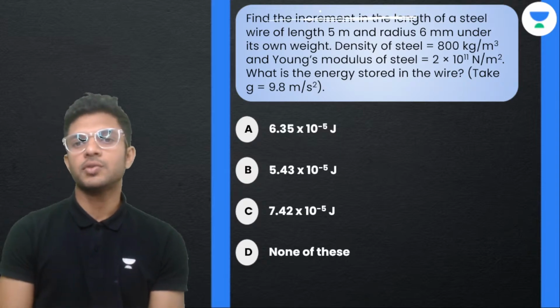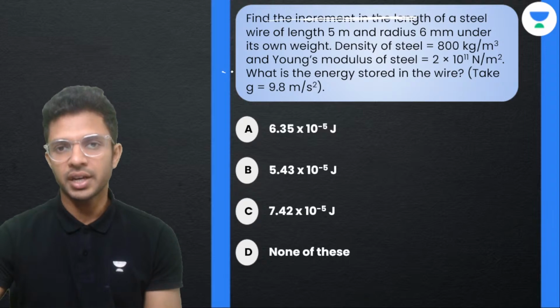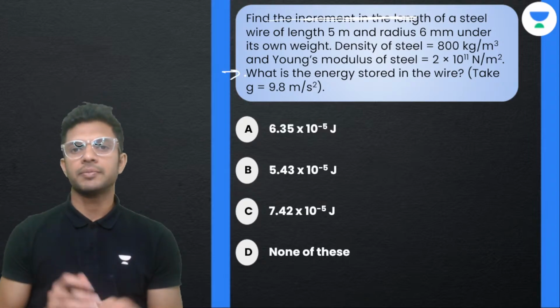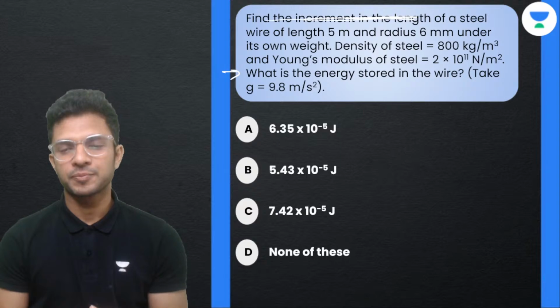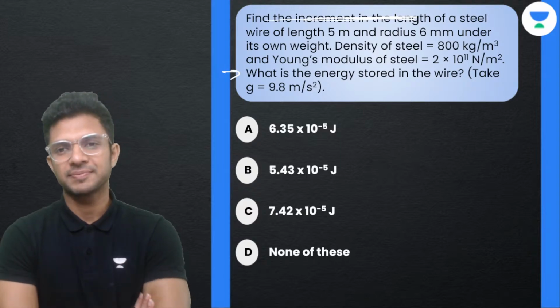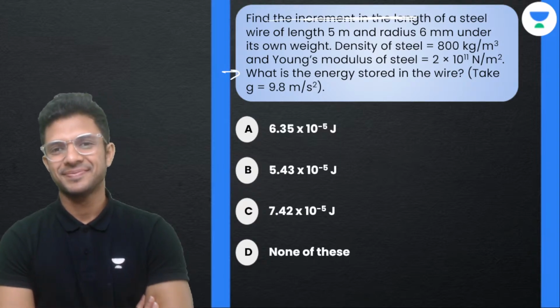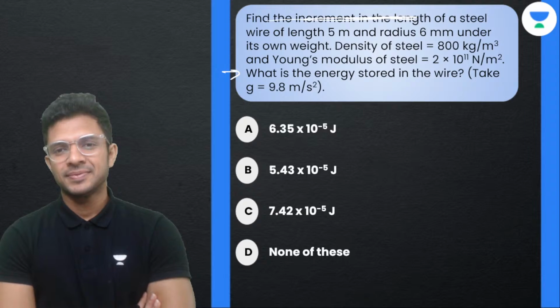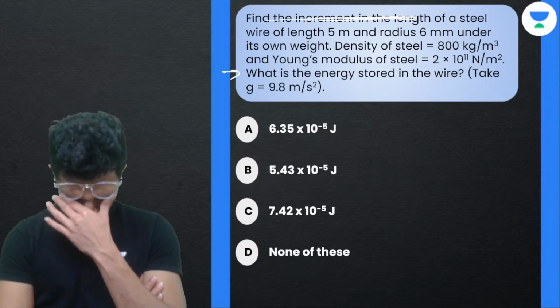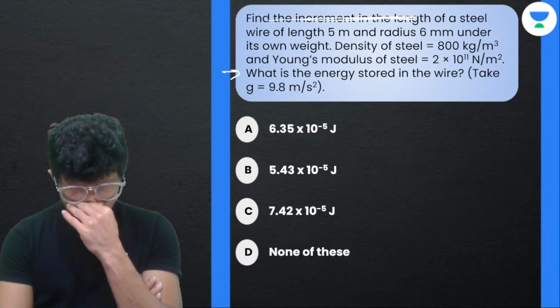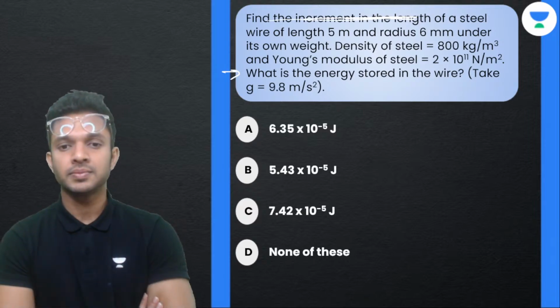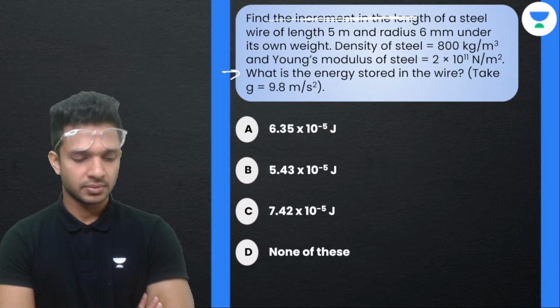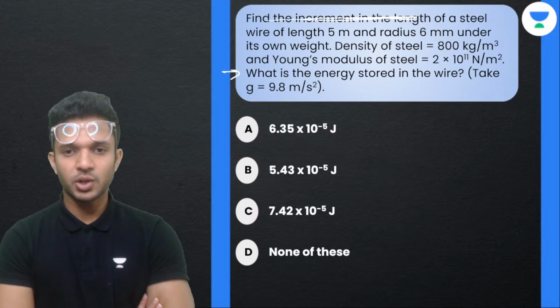The question is not to find out the increase in length; the question is to find out the energy stored in the wire whenever there is an increase in length. वही है question. D for sure.